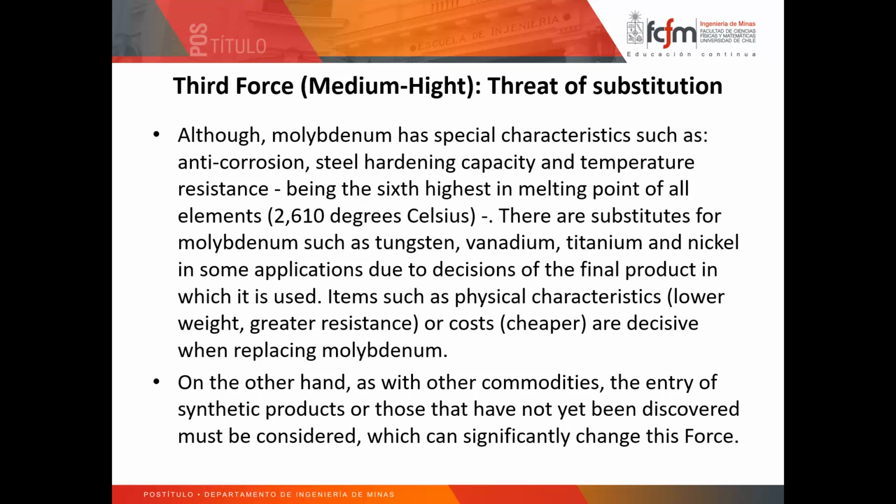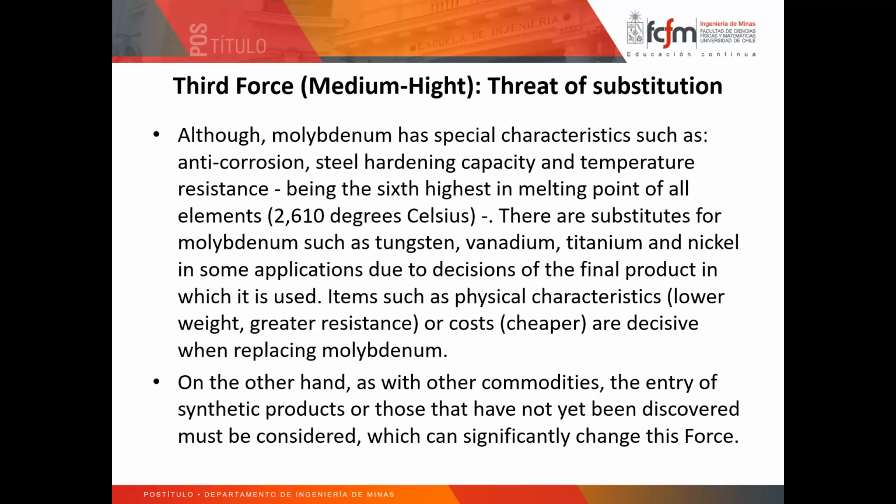Okay, third force, medium-high threat of substitution. Although molybdenum has special characteristics such as anti-corrosion, steel hardening capacity, and temperature resistance, it has the sixth highest melting point of the elements. This is the temperature for the melting point.